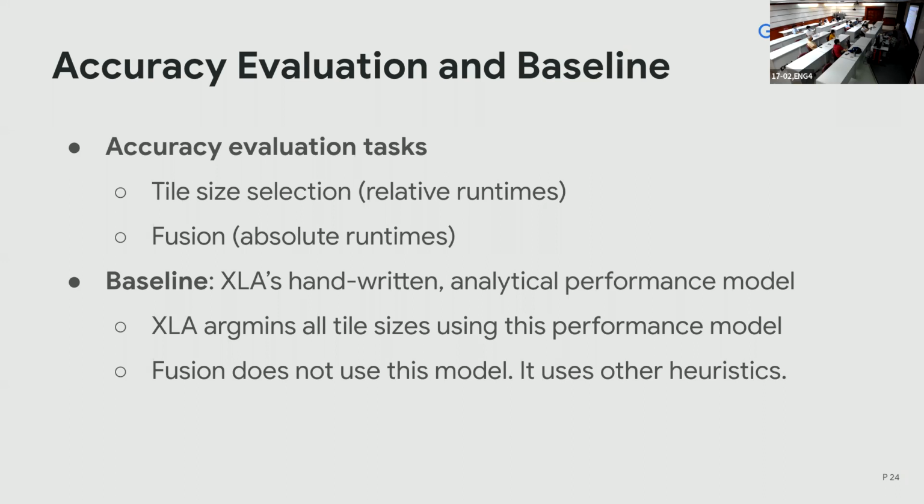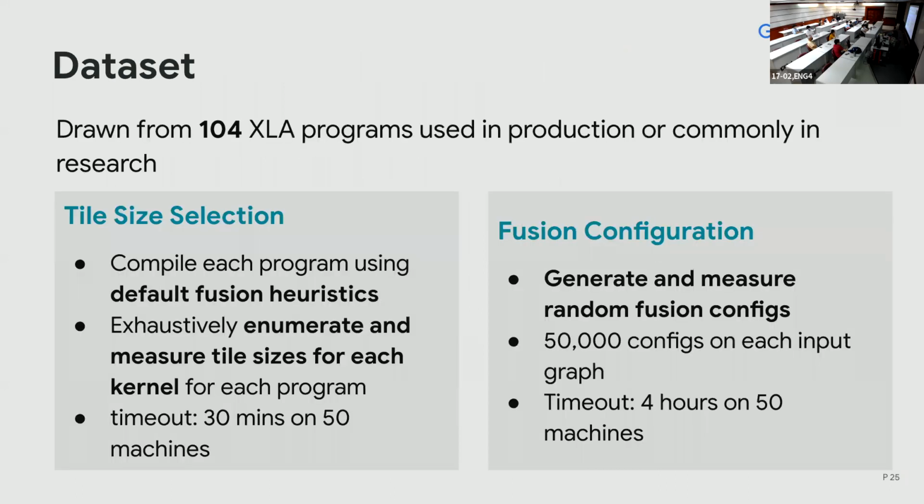So our data set is essentially drawn from the auto-tuning data set, where we have about 100 XLA graphs of programs. We run the tile size auto-tuning to generate, for each kernel, different tile sizes, and then you get different runtimes, right? So for each kernel, we enumerate all possible tile sizes to generate the runtime.